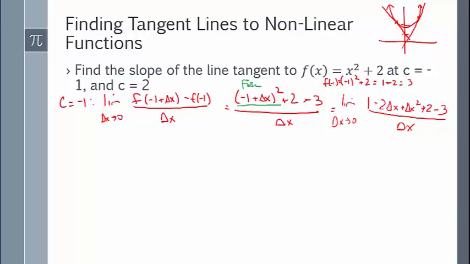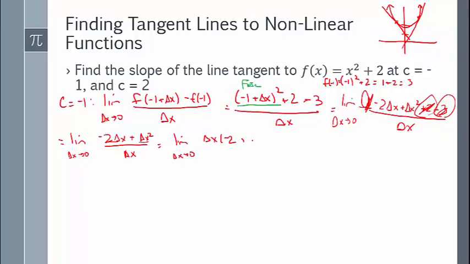I have a positive 1, a positive 2, and a negative 3, so they can all get canceled. So I have the limit as delta x approaches 0 of negative 2 delta x plus delta x squared all over delta x. And look, I've got delta x's in both of these terms, so why don't I factor them out? Limit as delta x approaches 0 of delta x times negative 2 plus that other delta x, because I had 2 of them here.